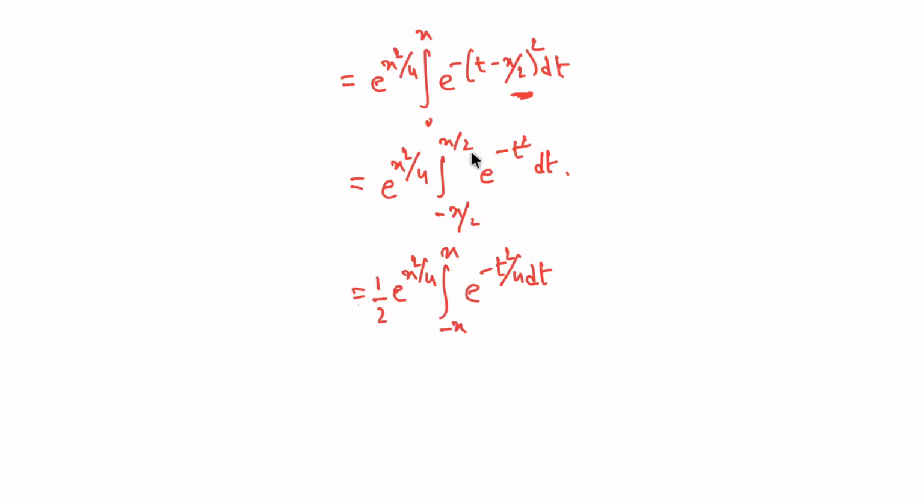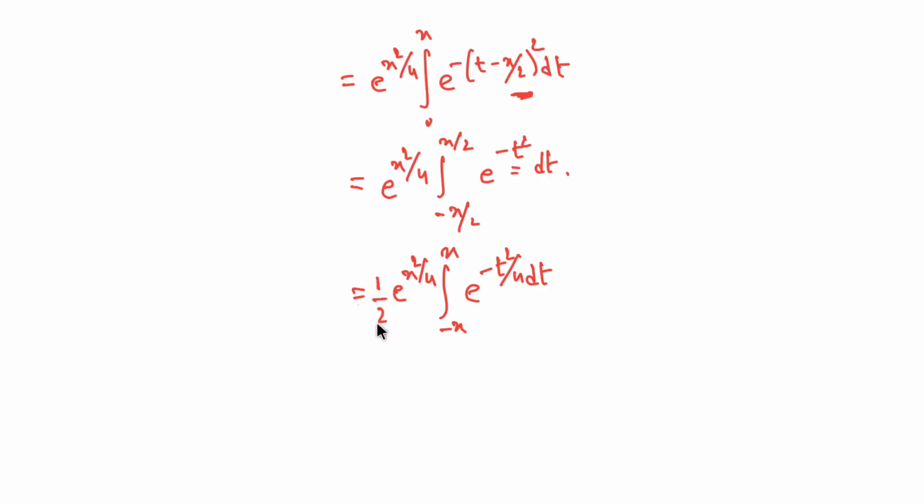We have changed the limits to a comfortable form, from x by 2 to x, and at the same time I need to make sure the power of the term that is independent of the integral is also changed, because I'm making it half whole square, which is 1 by 4. That's the reason I've got it in this form, and because I'm making it half, I've got the half outside.